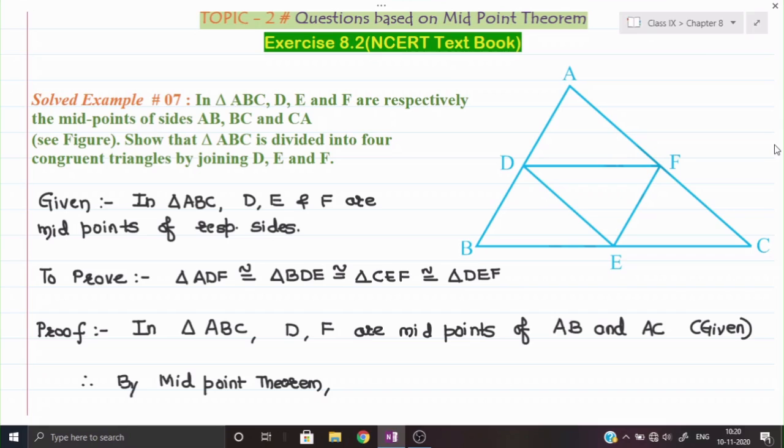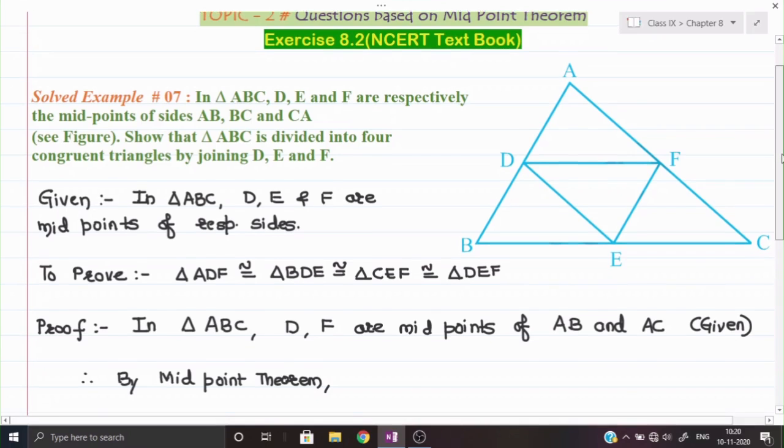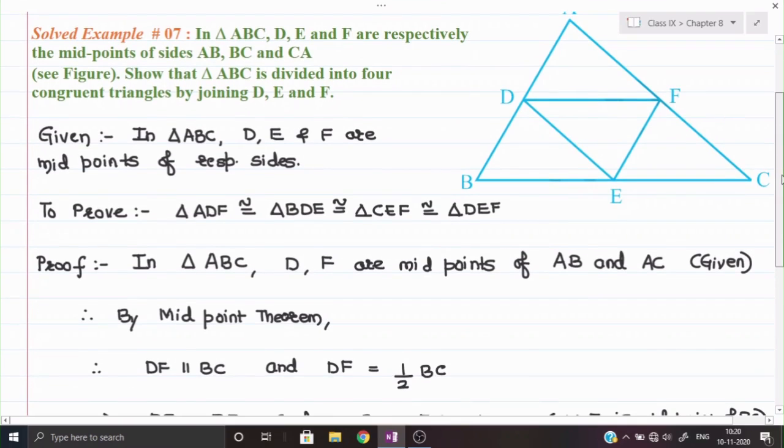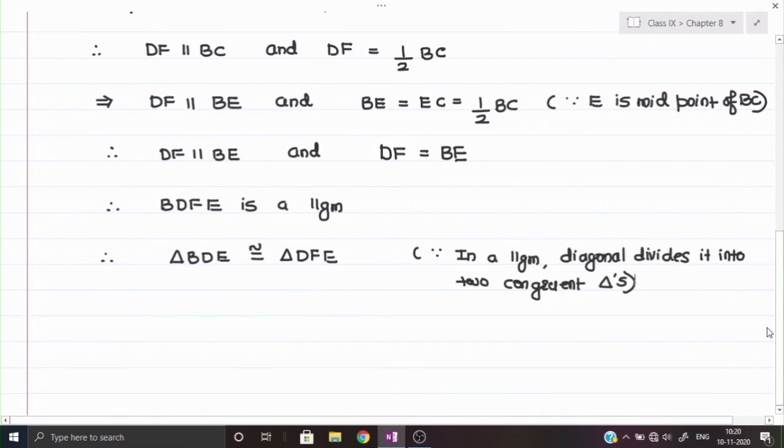So in that we can show CEF and DEF will also be congruent. So similarly, CEDF and AEDF are also parallelograms, in the same way as we proved the parallelogram BDFE.